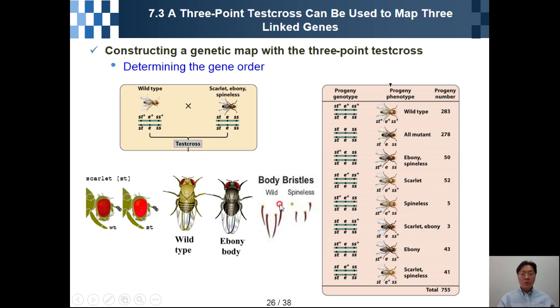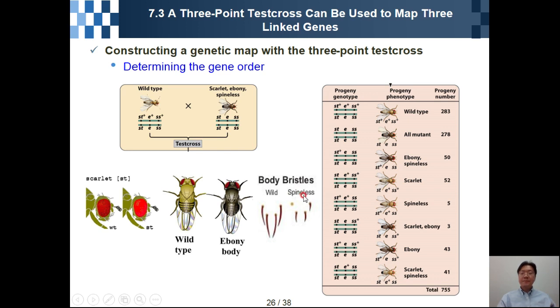Usually the wild type has a large bristle, but the spineless sometimes has three, and also has very small hair. But the wild type is dominant over spineless. So ss+ is the wild type and ss is the spineless.